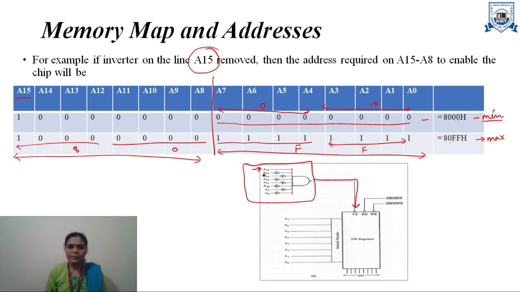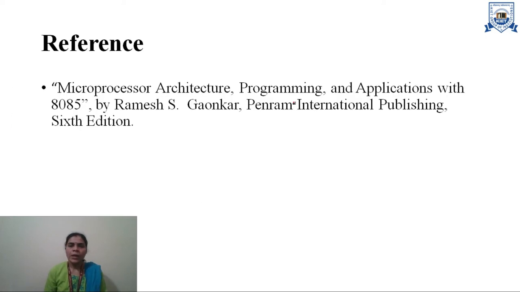So here we have taken the example of one address line. We can have more address lines at fixed logic, and then we can accordingly make the memory address map.